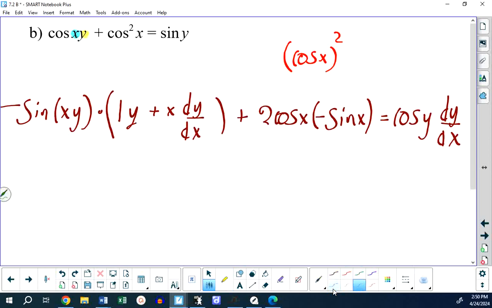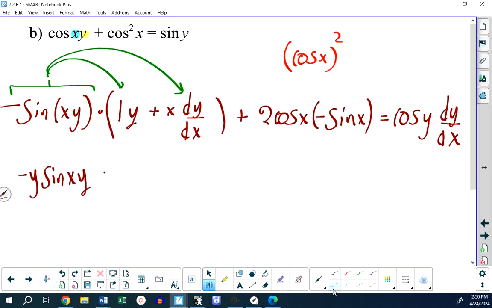We need to take this and expand this first term out so that we have dy/dx terms that are separate from other terms, which gives us negative y sine xy minus x dy/dx sine xy minus 2 sine x cos x.